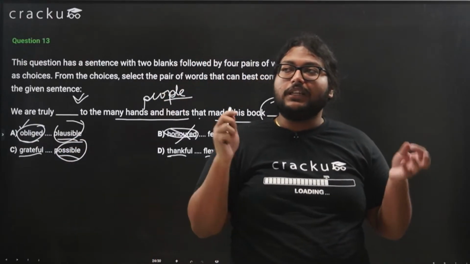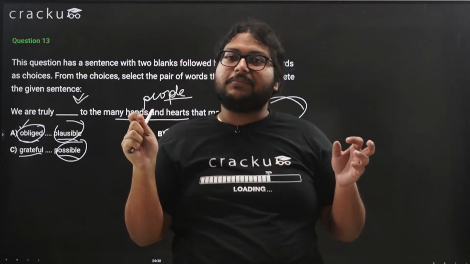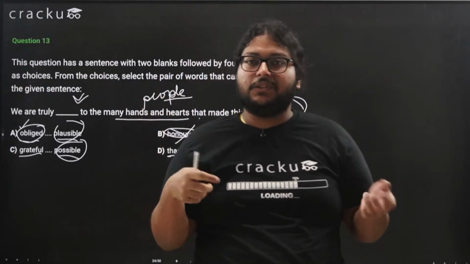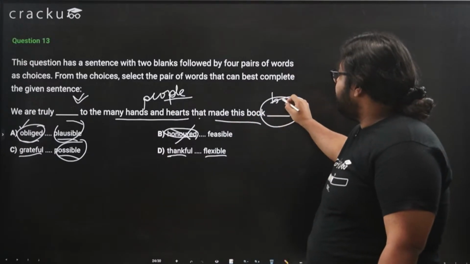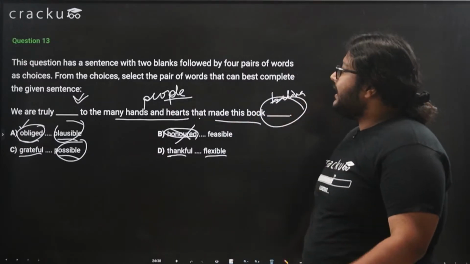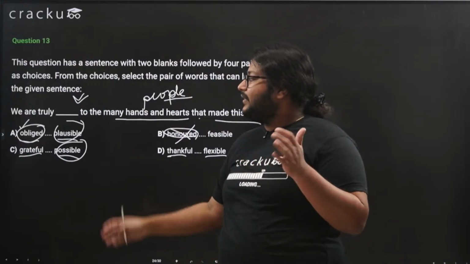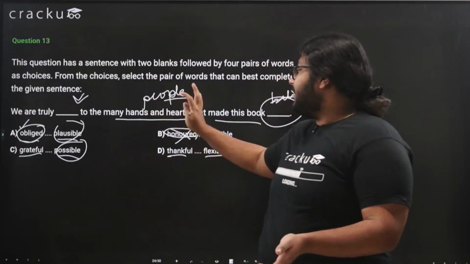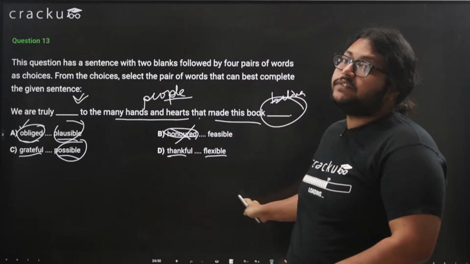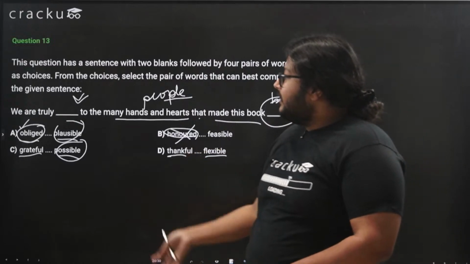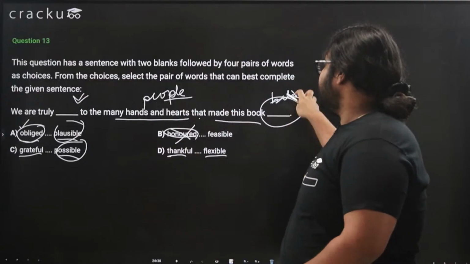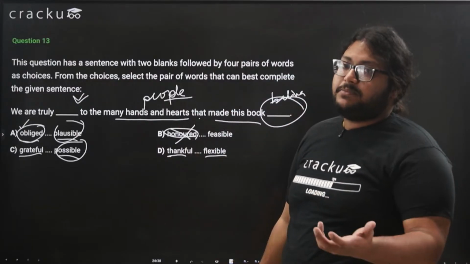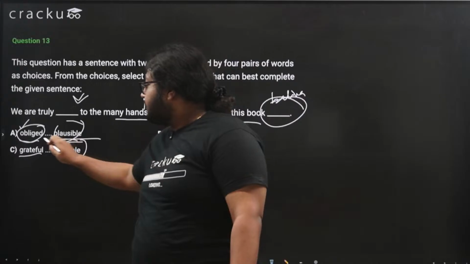If something is plausible, it is believable. That have made this book believable. We are very grateful to the many people that have made this book believable, versus we are truly grateful to the many people that have made this book possible. Which makes more sense? Clearly C makes more sense.